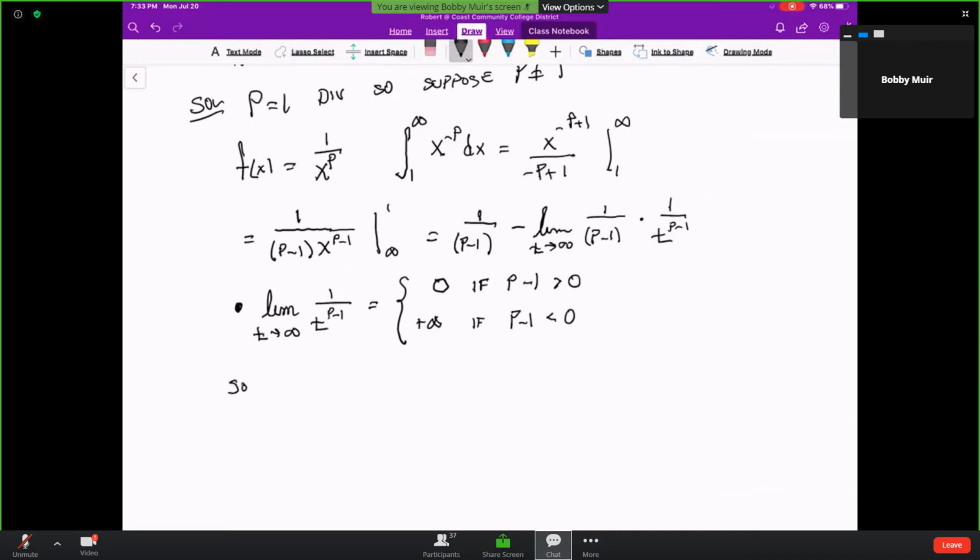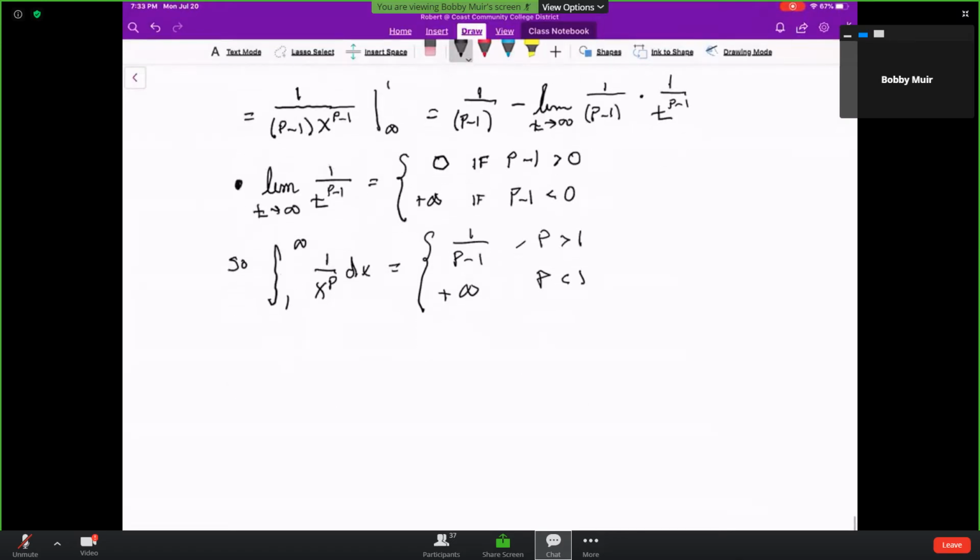So that means that the integral from 1 to infinity of 1 over x to the p dx is either equal to 1 over p minus 1, when p is bigger than 1, or infinity if p is less than 1. Just solving those guys there.